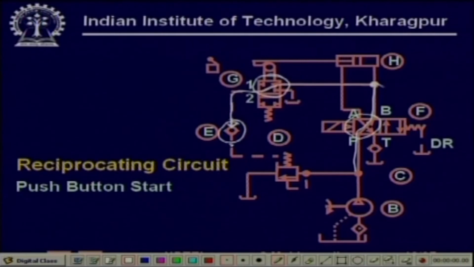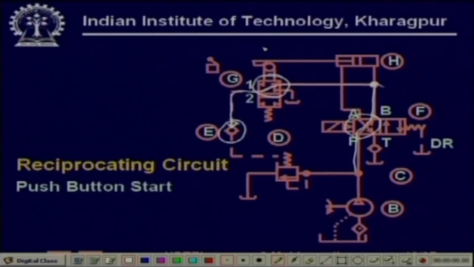So, therefore, if this valve has to vent, then the pilot pressure has to cross this level, otherwise there cannot be any flow. So, therefore, this full pump pressure can be applied to the hydraulic cylinder and it will start to move left.